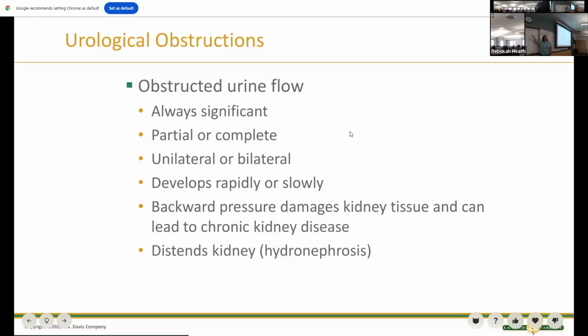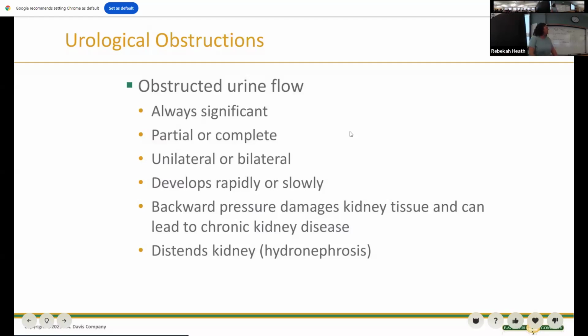It can lead to damage in the kidneys. It can actually hurt the kidneys, and eventually it could lead to chronic kidney disease. So that's part of why it's such a big deal, because we don't want to damage the kidneys from having that backwards pressure. It can also cause kidney distension or ureter distension.